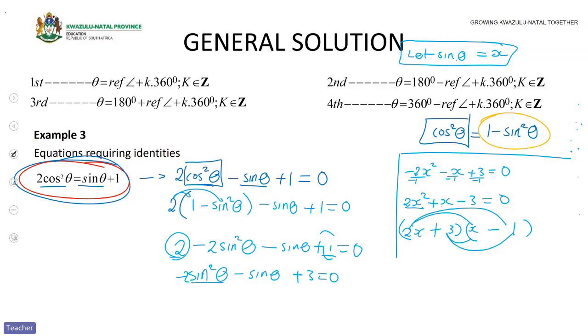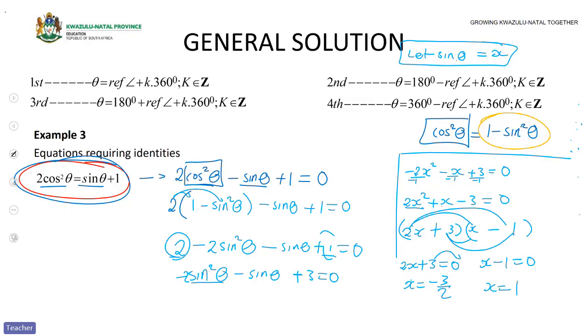Now what is required of us is to solve our equation. 2x plus 3 equals 0, because we now have factors. Then x minus 1 equals 0. Therefore, x equals negative 3 over 2. We move our 3 and it becomes negative, and then divide by 2. Then x also equals 1.